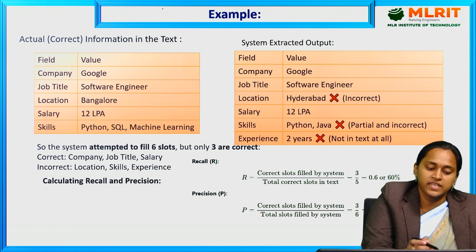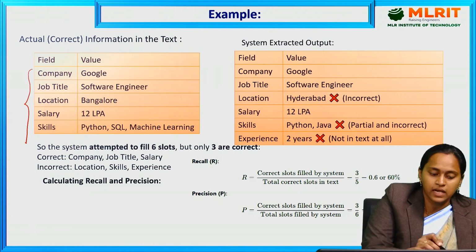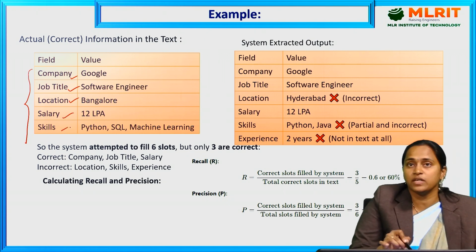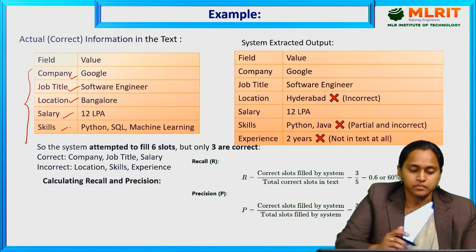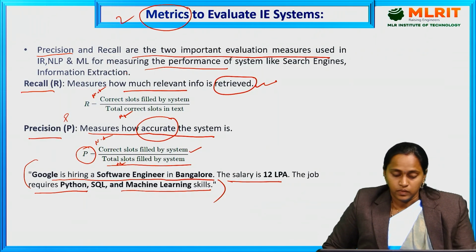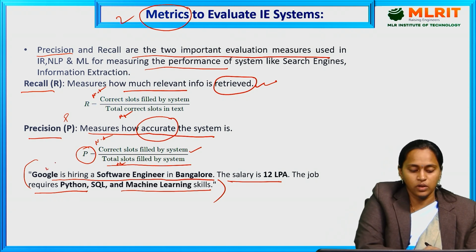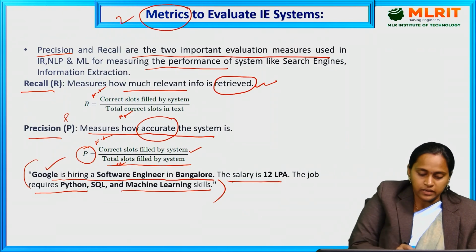See, the actual text contains some fields, right? That means entities: company, job title, location, salary, skills. What is the company name here? Google, right? Next, the job title is software engineer.